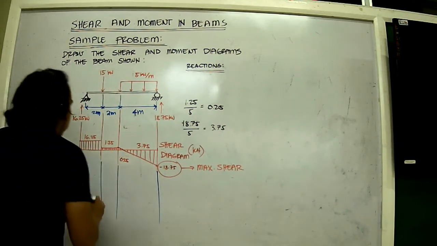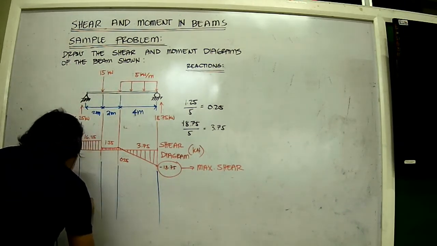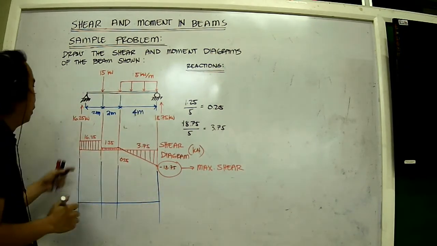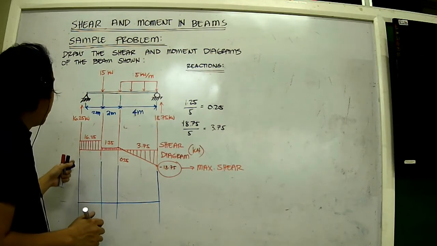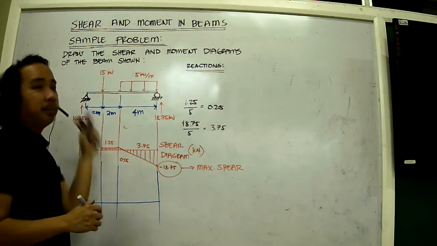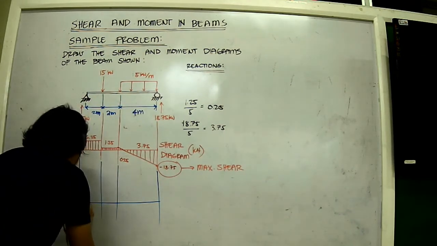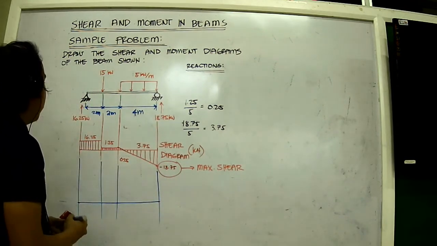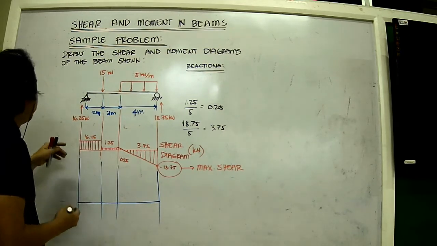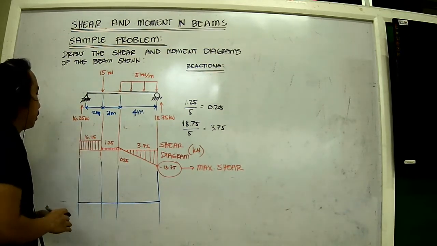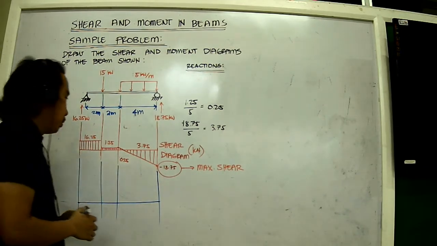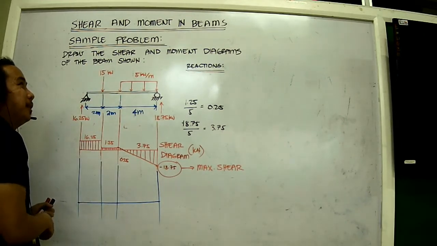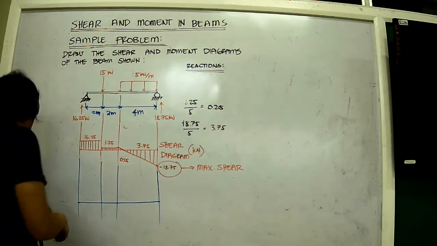Okay? Now, going to moment, let's talk about moment. The moments at these end points are 0. So everything starts with 0 and it should end in 0. Now, what is the area of 16.25? 16.25 times 2 should be equal to 32.5.